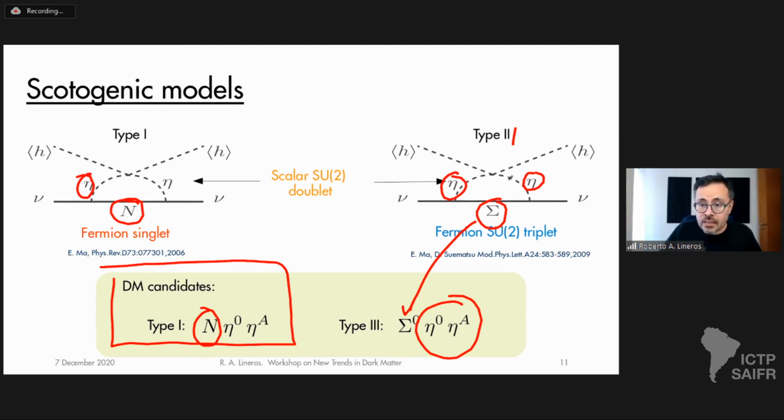But in the case of the type 3, where your dark matter is the fermion, the neutral part of the triplet, you have the problem that the coannihilation is too strong. So you are forced to live only at 2.2 TeV, in the exact mass. Otherwise, you have too much dark matter or too little dark matter, but you cannot vary the range.